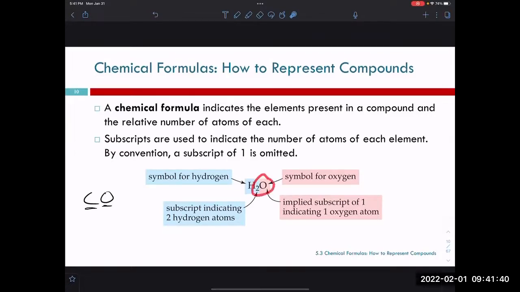Because we wouldn't write oxygen here if there were 0 oxygens. So it's enough to say that there's an oxygen there, we don't need to write the 1. So this is also why it's important to know the chemical symbols. So you can look at this and know that it's 2 hydrogens, 1 oxygen.